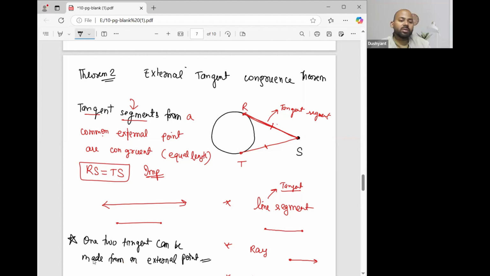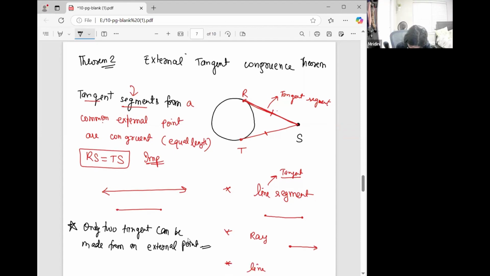Two tangents can be made from an external point, and those two tangents will be the same in length.